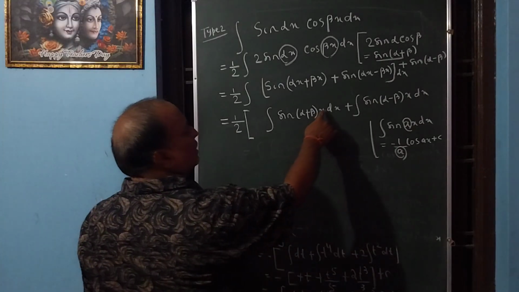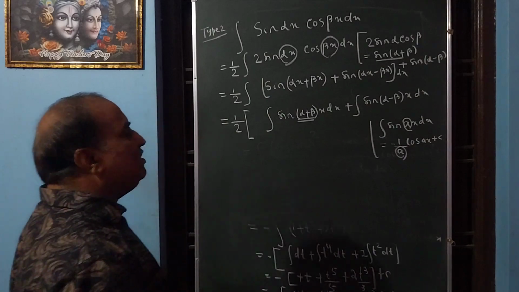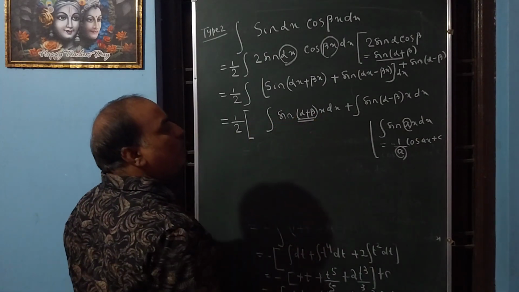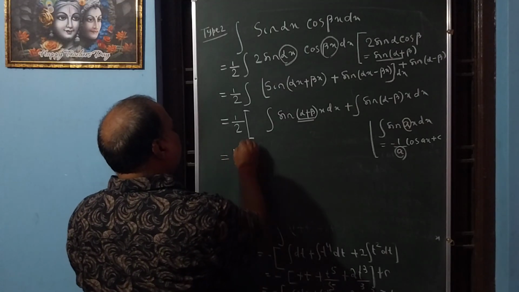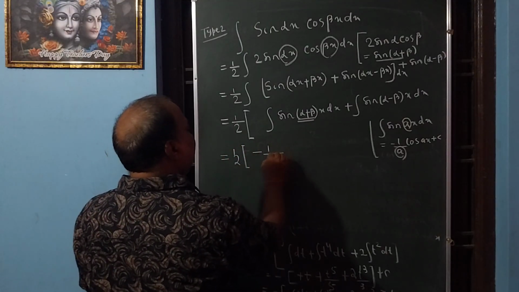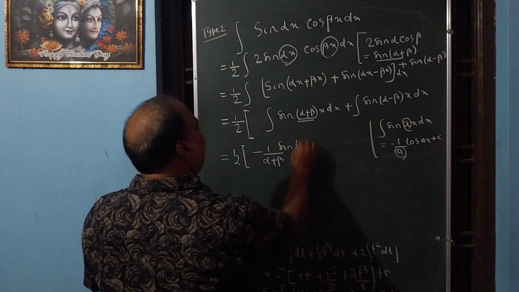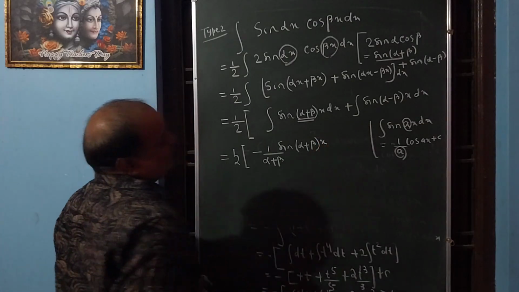But you see here, the coefficient of x is alpha plus beta, which is a constant. Then the integration of sin (alpha plus beta) x dx will become minus 1 by (alpha plus beta) into sin (alpha plus beta) into x.